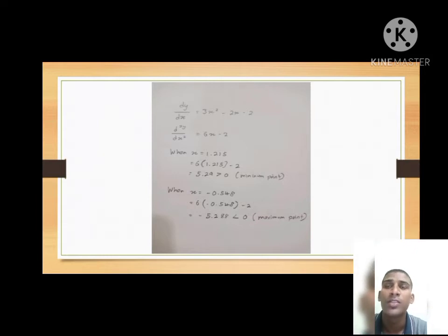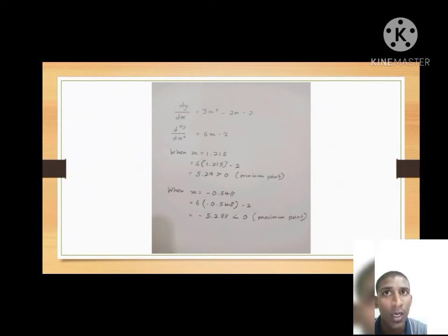The second derivative formula is d square y over dx square, which equals 6x minus 2. So how do I get 6x minus 2?